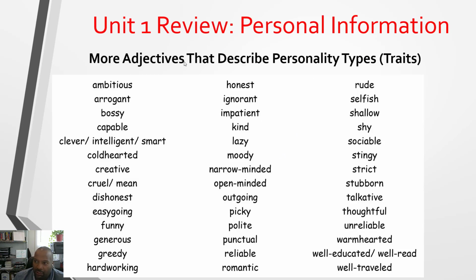Here are more adjectives that describe personality types, which we're also going to call traits. Personality types are also called personality traits. Now, this is going to be a long list of some other adjectives that we use. Remember, adjectives are words that describe the noun or the subject.